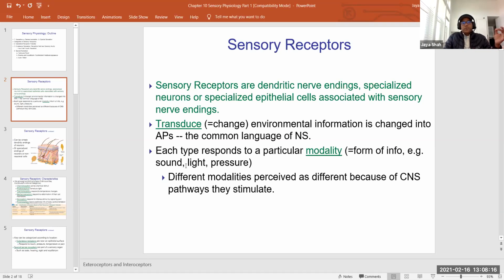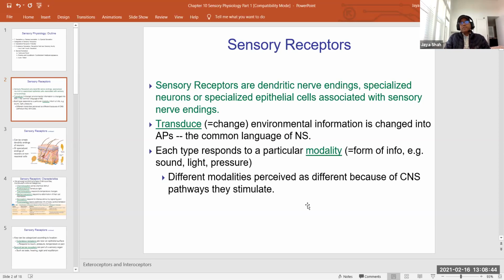Sound is perceived only by receptors in our inner ear. Light is perceived only by receptors in our retina. Pressure is perceived by pressure receptors in the skin and other parts of the body. These different modalities are perceived differently because the CNS pathways they stimulate are different.